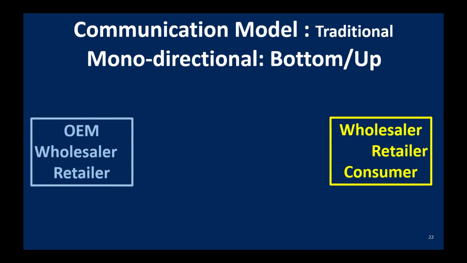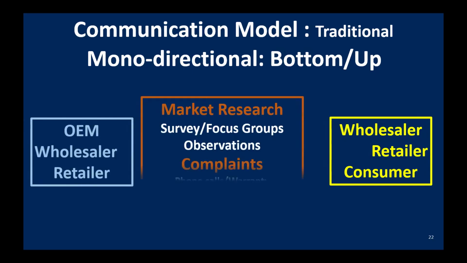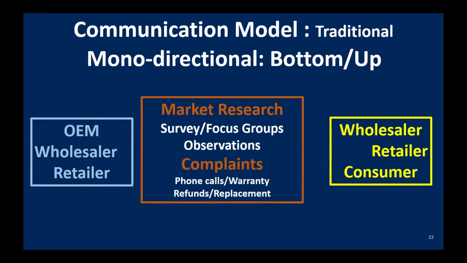And normally, whenever we are talking about bottom-up information, we're talking about market research. This is where I'm asking people in the marketplace questions, and they're giving me information that I need to know. I may ask the question, but the information is going from the bottom up.